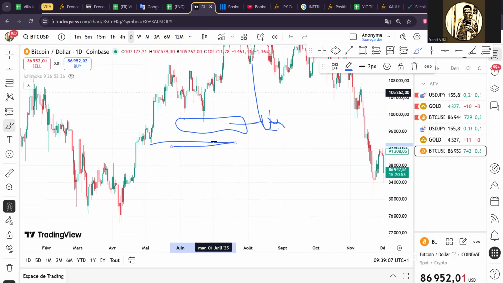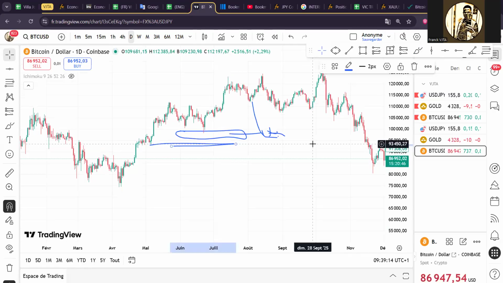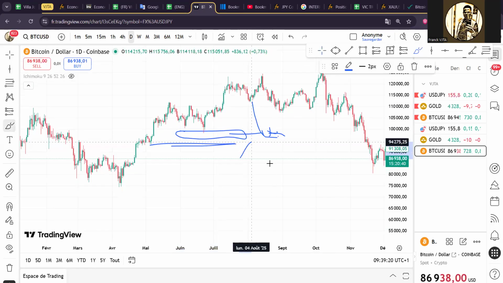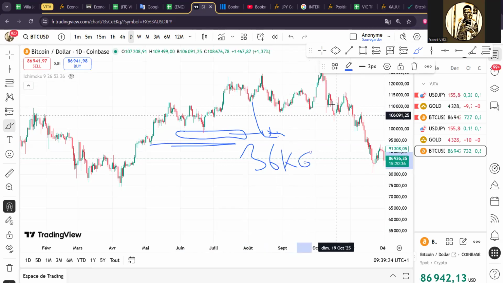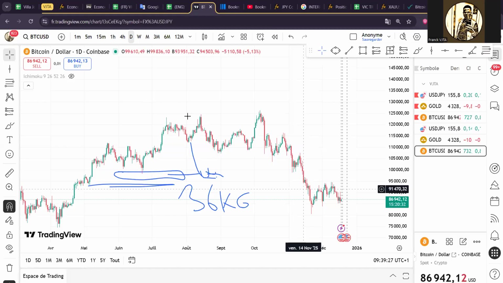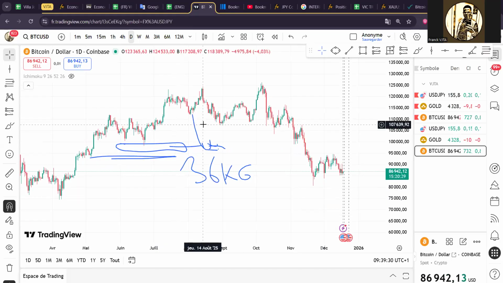But the problem is that on this TradingView graphic, there is no showing of any 36,000 contracts, 36K contracts, anywhere on this graphic. Only geometrical figures are shown on TradingView. Do you see that?